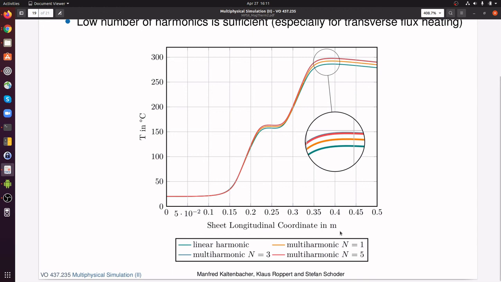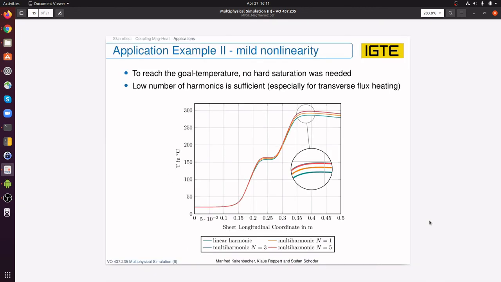Then we see another increase of temperature when we consider 3 harmonics instead of 1. But if we go to the next level and consider 5 harmonics, we don't see much difference in the temperature, because with 3 harmonics we're already approximating the nonlinearity sufficiently. So this is true for induction heating processes of these thin steel sheets.